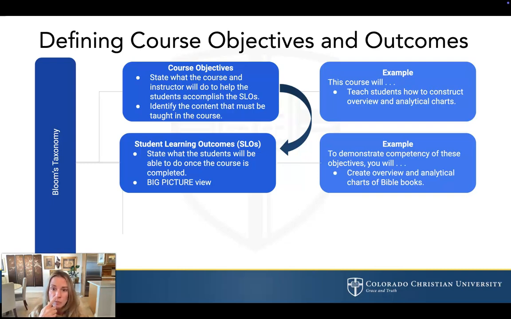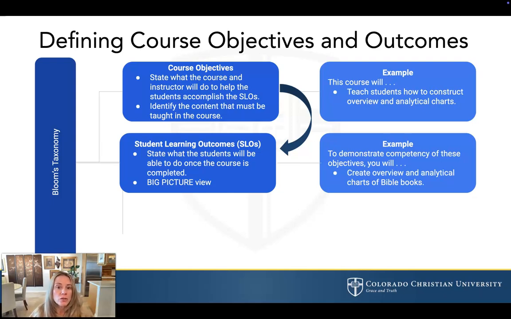So here's an example. To demonstrate competency of these objectives, you will, and then here's one, create overview and analytical charts of Bible books. Obviously this example isn't from the world of counselor ed, this is from the world of Bible, but you can see how the course, if you look at the top right example for the course objectives, the course is going to teach students how to construct overview and analytical charts.